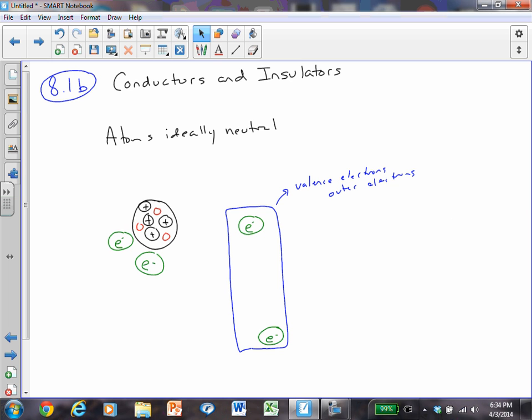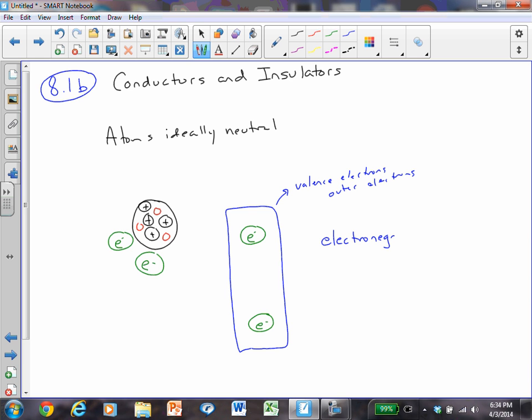So different types of atoms have different pulls on these outer electrons. Some hold on to them very tightly, others loosely, which brings up a new term which we'll call electronegativity. The electronegativity of an atom is its ability to hold electrons.